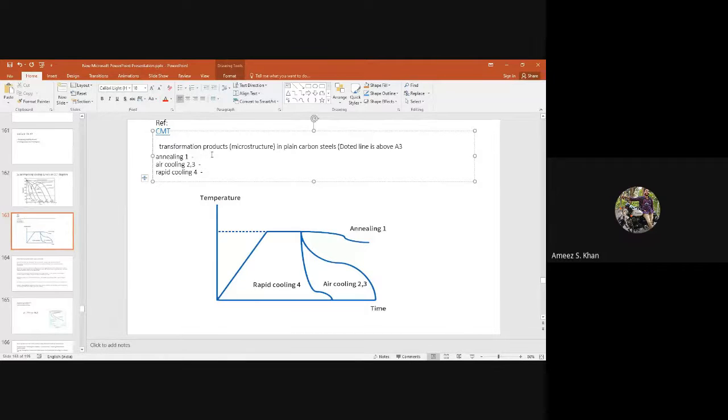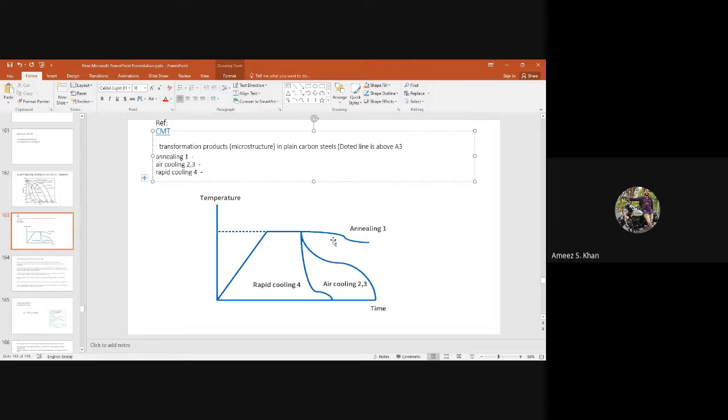Unstable austenite plus martensite. The question is transformation products or microstructure in plain carbon steel. Above this dotted line A3 is your austenitizing region, right? But this curve should be going down actually.